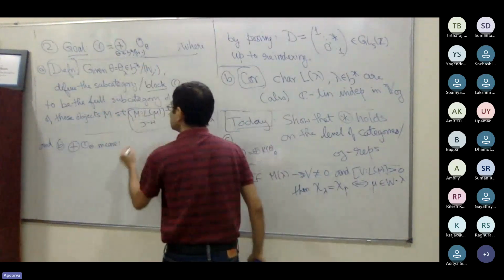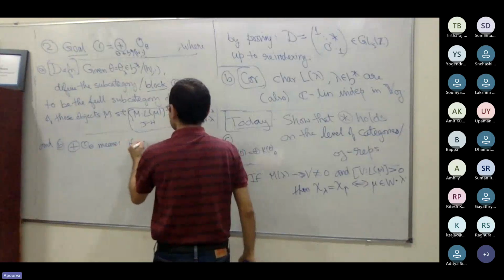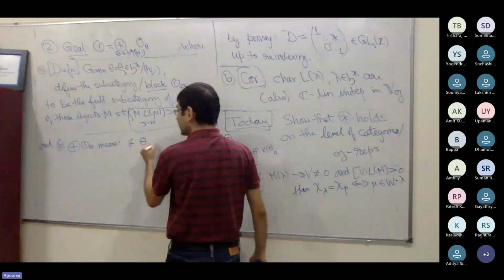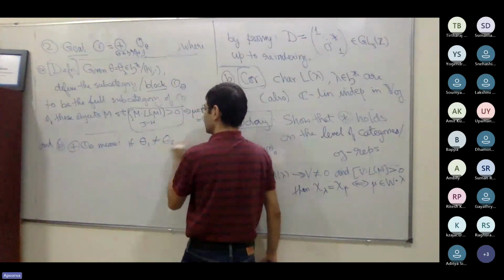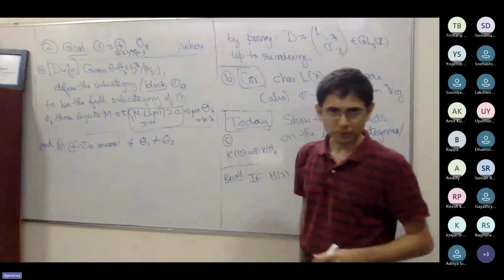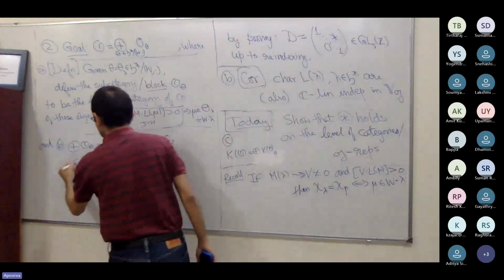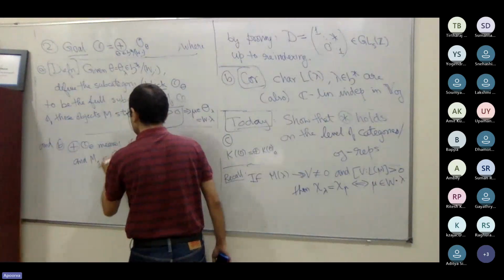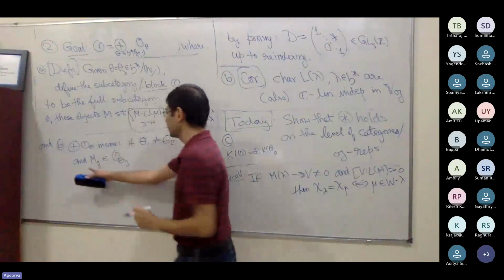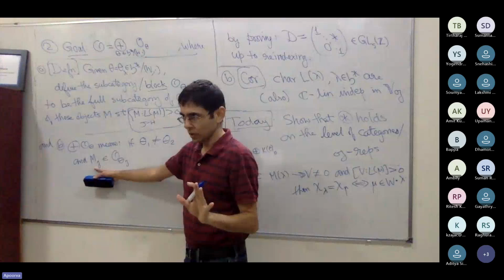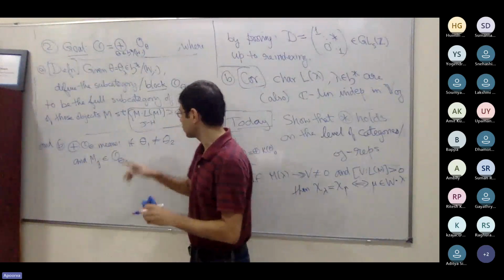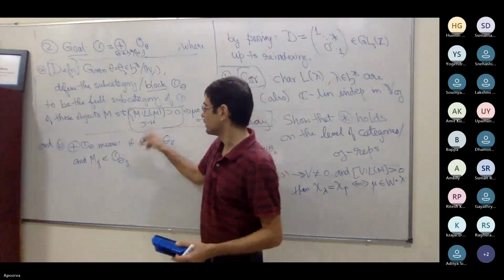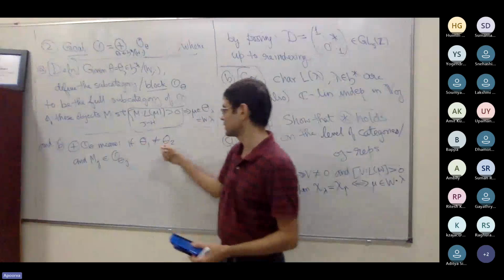The direct sum simply means that if I take two different twisted Weyl group orbits, and I take M_j in theta_j, in category O theta_j. Meaning if I take two modules in category O, such that the first module has all subquotients, simple factors, in this Weyl group orbit, and the second module has all simple factors in this one.